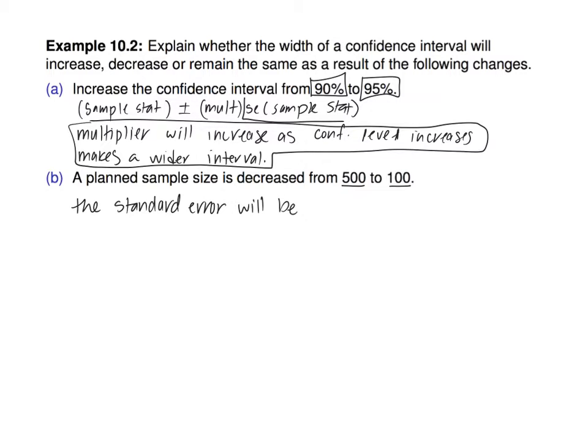Remember that's root of p(1 minus p) over n, right? So bigger denominators make this number narrower. Yes, a bigger sample makes it narrower. A smaller sample makes it wider, because smaller samples make larger standard errors.